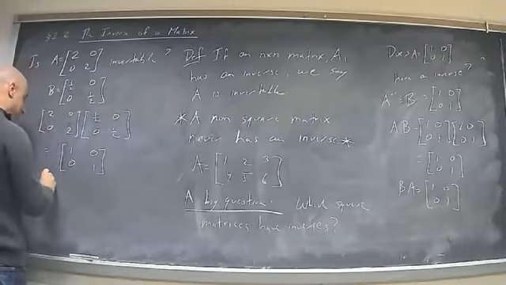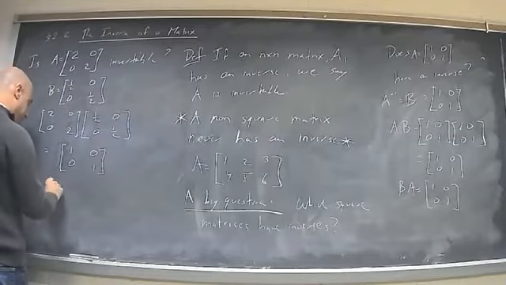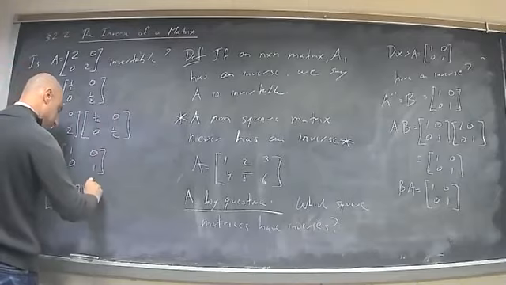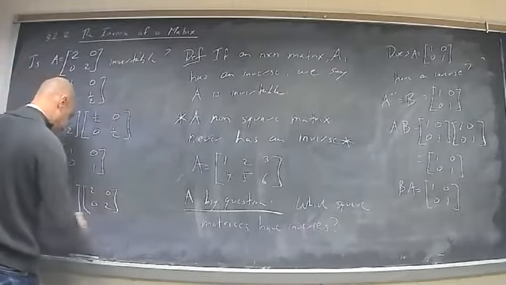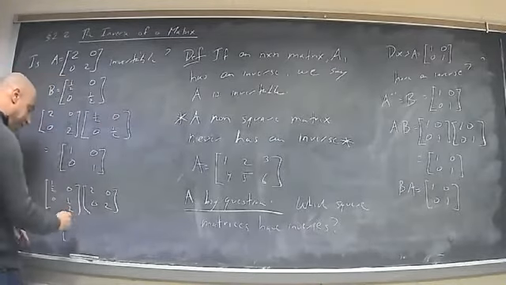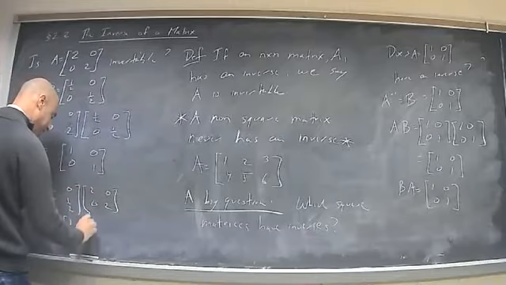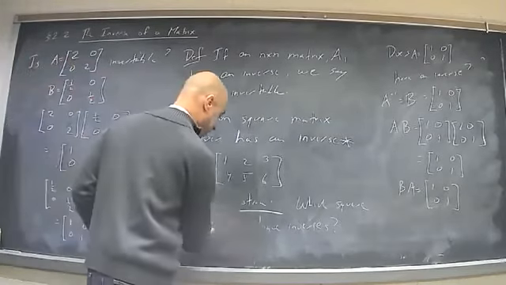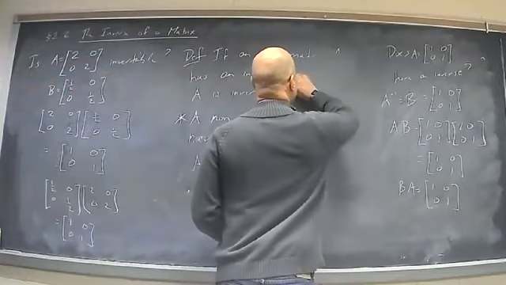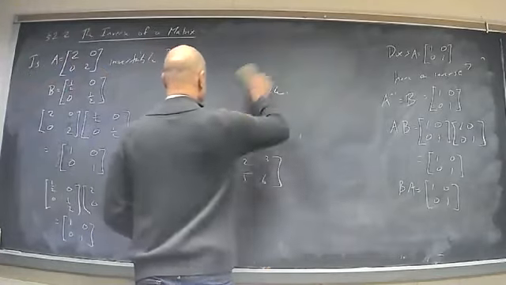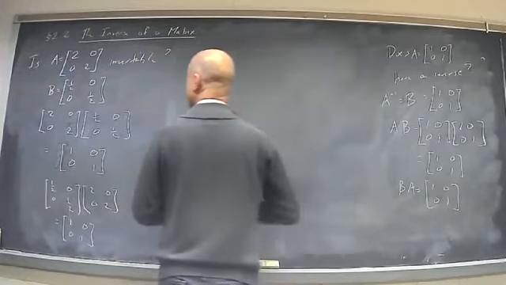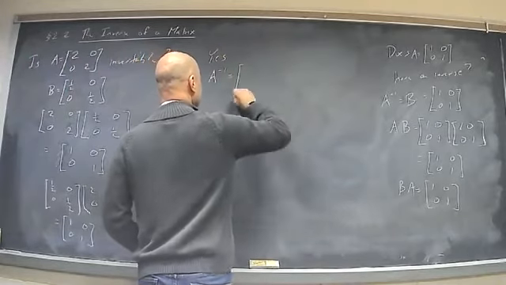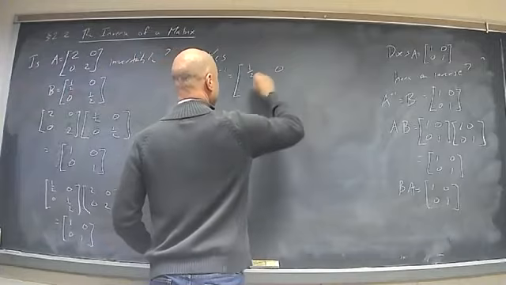And in the other order, 1/2, 0, 0, 1/2 times 2, 0, 0, 2, you again get 1, 0, 0, 1. So the answer to this question is yes, it's absolutely invertible, and A inverse is 1/2, 0, 0, 1/2.